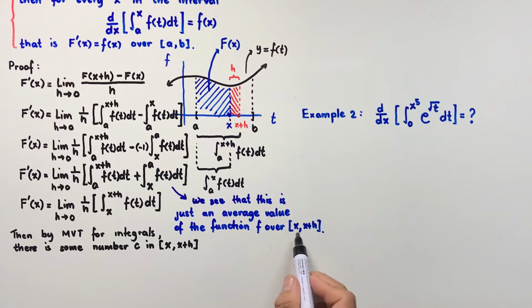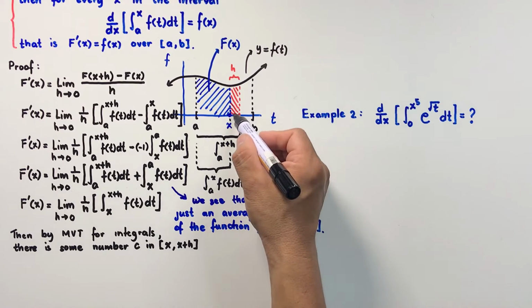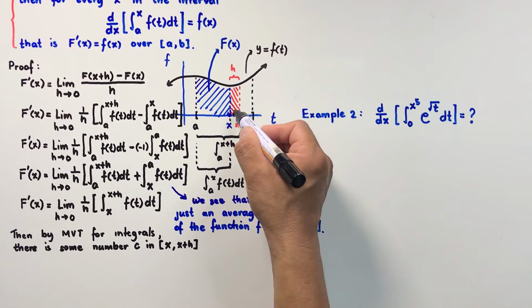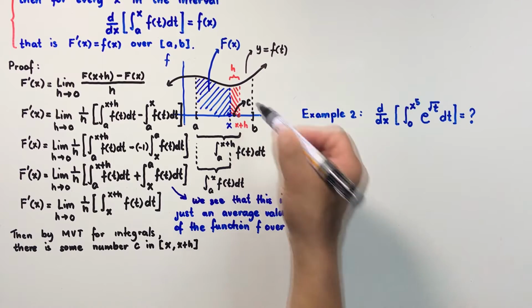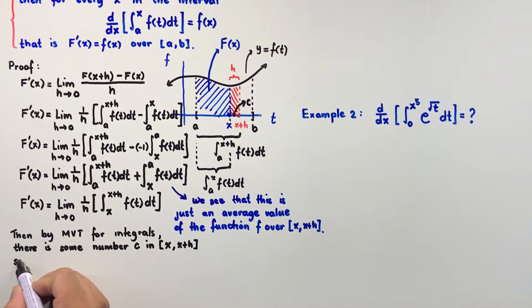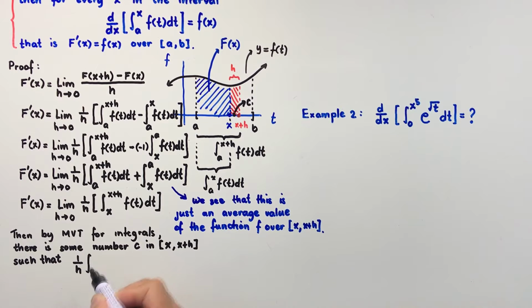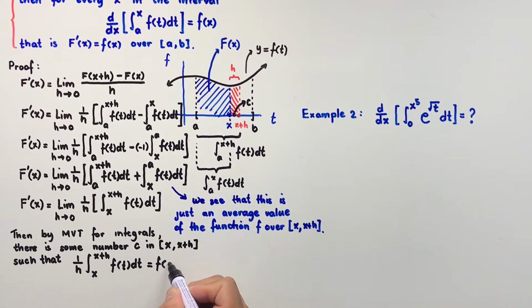So I can find some number here, a number c, such that 1 over h times the integral from x to x plus h of our function f of t dt is equal to the small f of c.